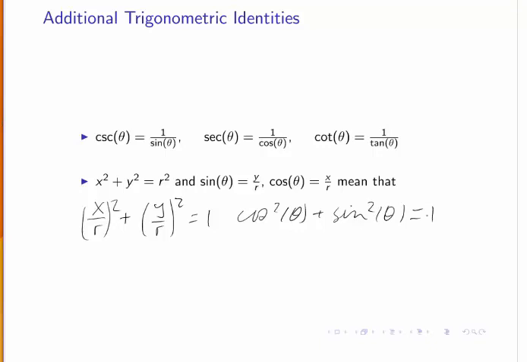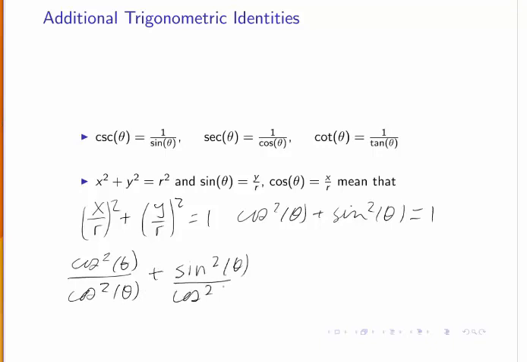We can work with this a little bit. Providing cos theta is not equal to 0, we can divide through by cosine squared of theta, and then we'd have cos squared theta over cos squared theta plus sine squared theta over cos squared theta is equal to 1 over cos squared theta.